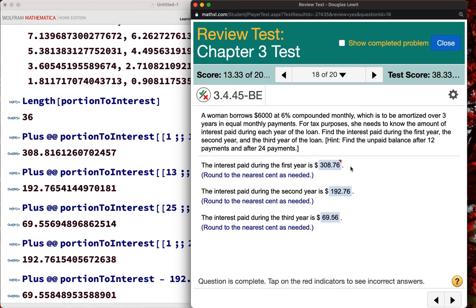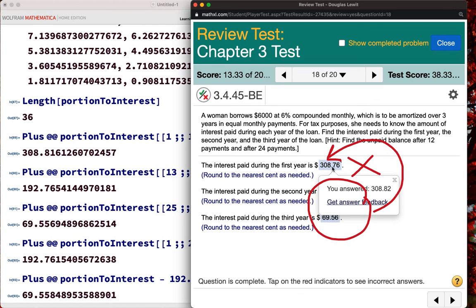The reason I don't agree with it is that if my answer was wrong, these other answers would not have been correct, because they are based upon this value right over here. It's saying you answered $308.82, and Pearson is looking for $308.76.